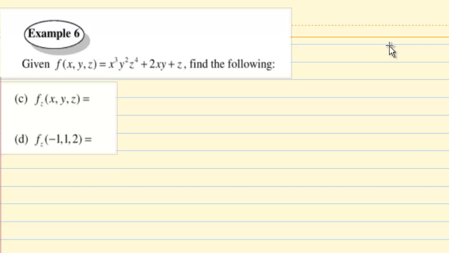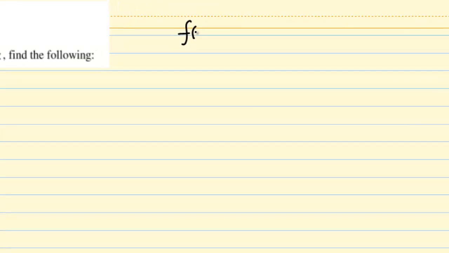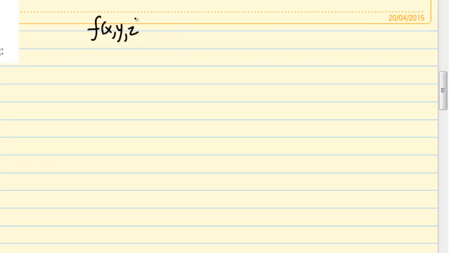For part C, we are going to do partial differentiation of f with respect to z, where f is the sum of three terms, which is x cubed y squared z power 4 plus 2xy plus z.